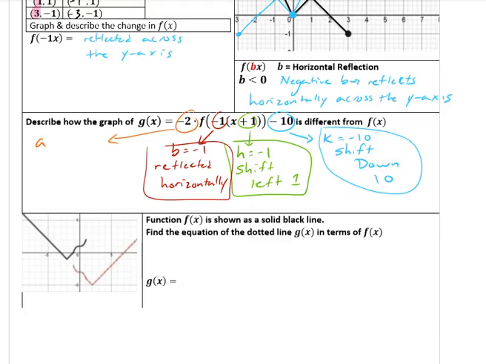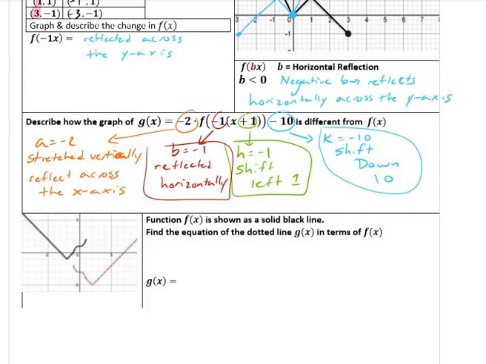That means that my a is a -2. Since it's 2, it's going to be stretched vertically, but it's negative, that also means reflected across the x-axis, or reflected vertically.